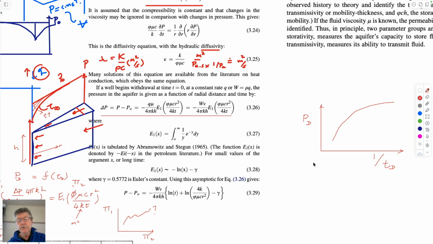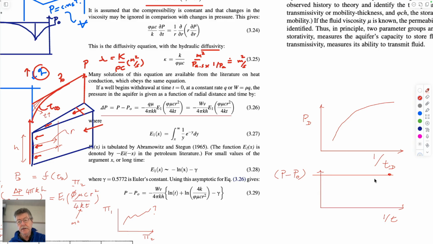And so what you could do is take your well data and plot it as pressure, P minus P0, at a particular radius. So this represents a particular radius, and you could plot it against 1 over time.